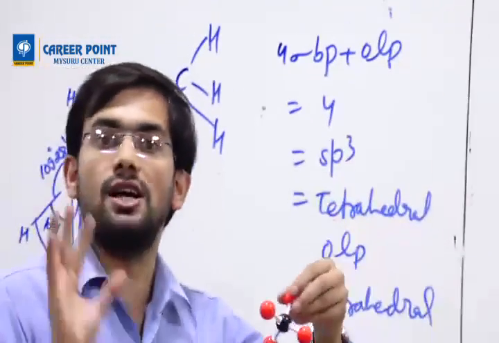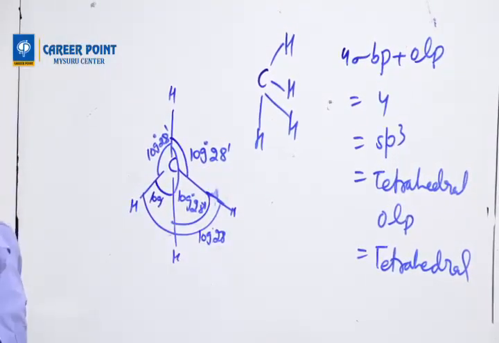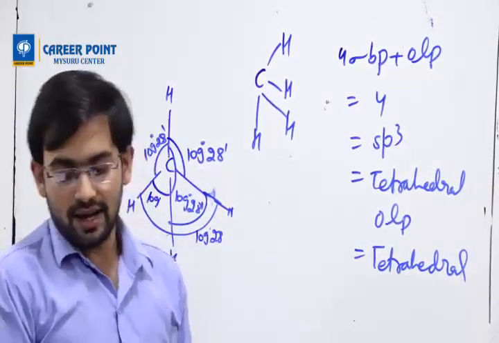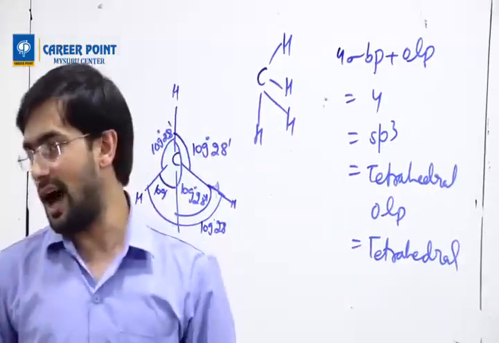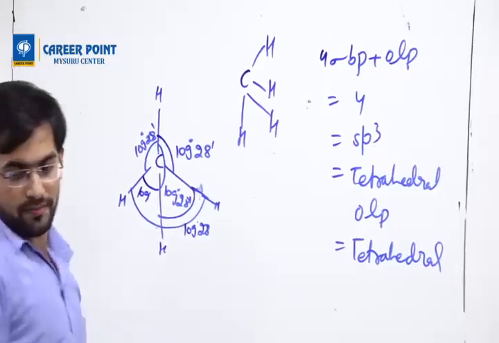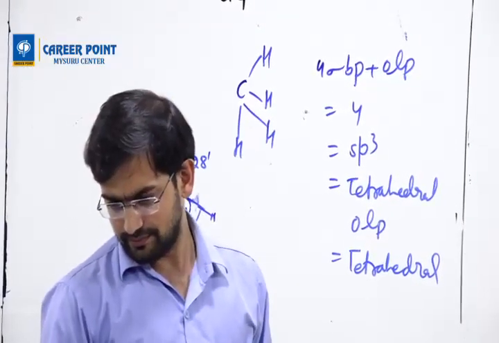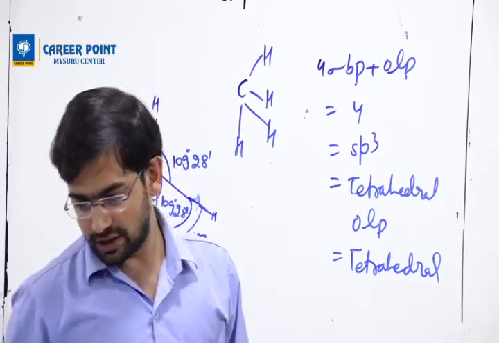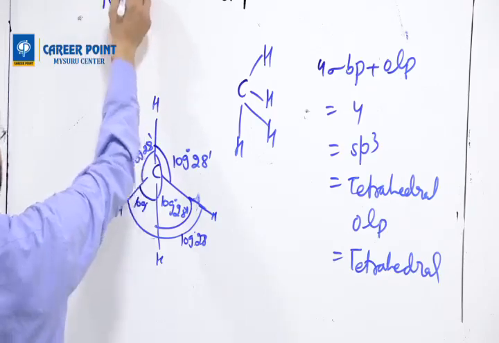So there are total 6 bond angle of 109 degree, 28 minutes. And we can hold from any side. Understood? Now, the next compound. Any doubt till now? The next compound is NH3.